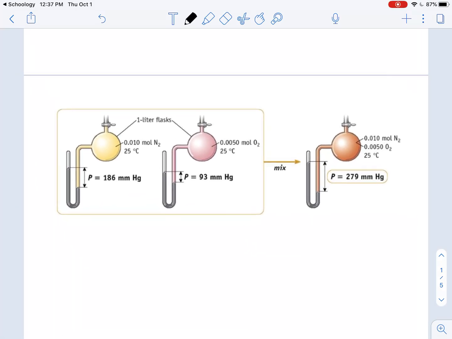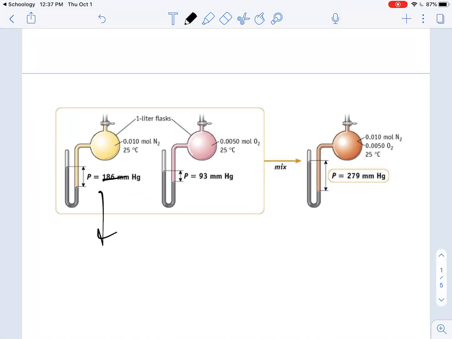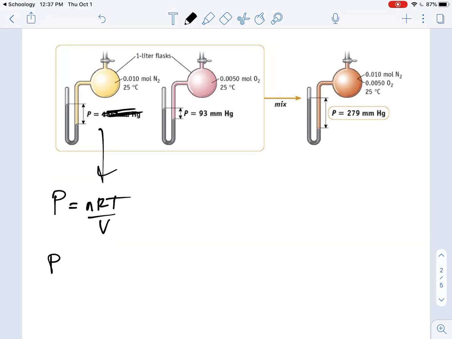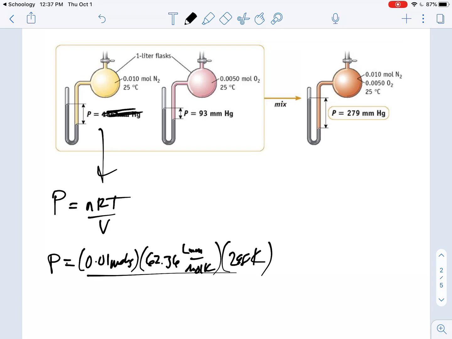So, for instance, in this container here, if I had not told you what that pressure was, but I had given you all of the rest of the information, you could tell that the pressure here is going to be equal to nRT over V. So the pressure of this guy is going to be 0.01 moles times R, and we'll go ahead and use 62.36 liter millimeters of mercury per mole Kelvin, times the temperature, which is 298 Kelvin, divided by the volume, which is a 1 liter flask.